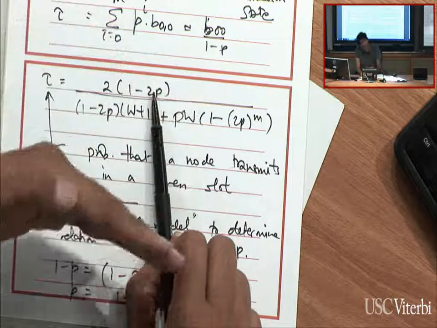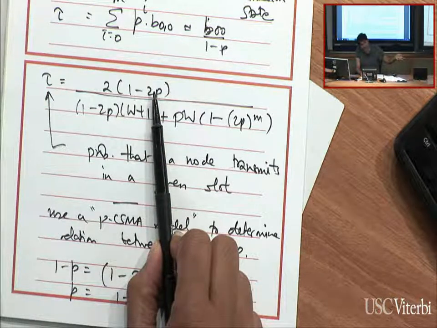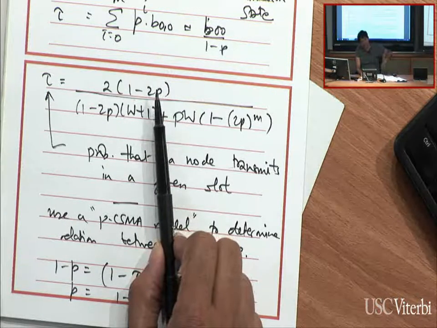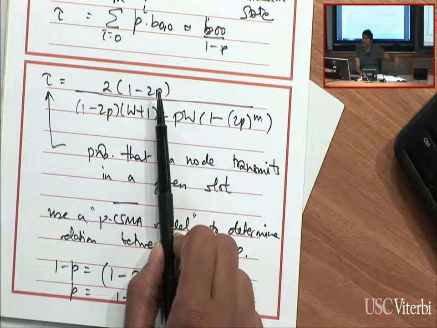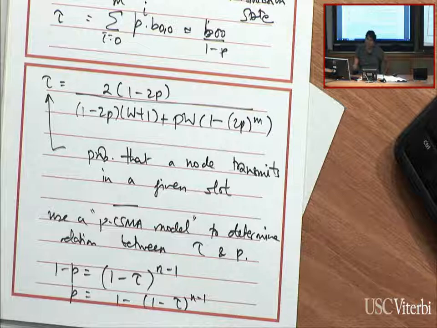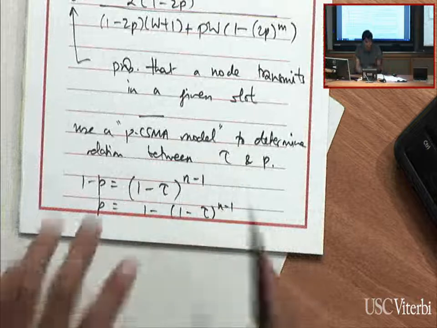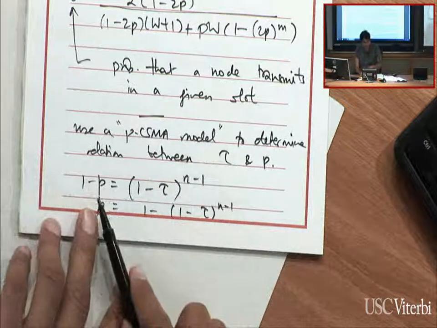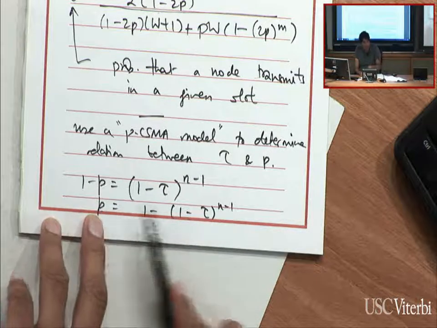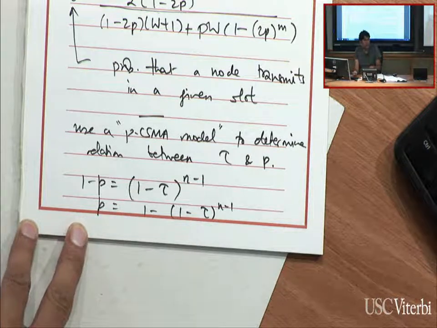Then separately, we said, if there's going to be some probability with which you transmit, and if we assume that everybody is doing that, independently of you, every other node is also transmitting with the probability tau, then under this sort of modeling, what we're saying is the probability of collision would be 1 minus tau to the n minus 1 when you transmit. Okay.